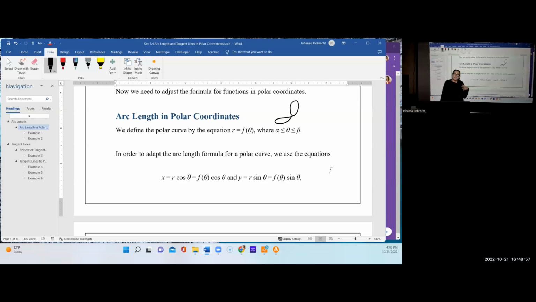Now, we can also think of r as a function of theta. So sometimes you'll see it written f of theta, and sometimes instead you're going to see it written as r of theta cosine theta, and this, of course, is x. And we can see y is r of theta sine of theta. In this way, we're emphasizing the fact that r is not a constant.